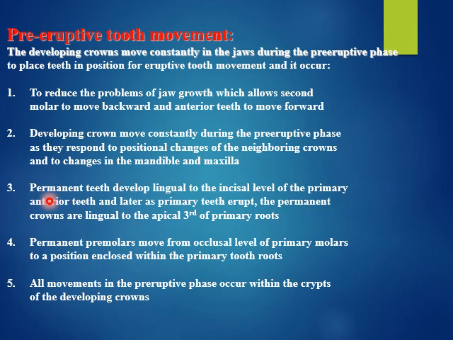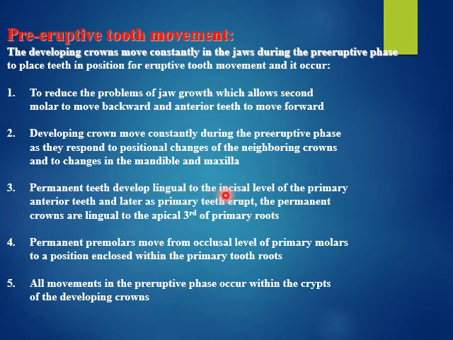Third, permanent teeth develop lingual to the incisal level of the primary anterior teeth, and later as primary teeth erupt, the permanent crowns are lingual to the apical third of the primary root. What does this mean? Permanent teeth develop lingually.